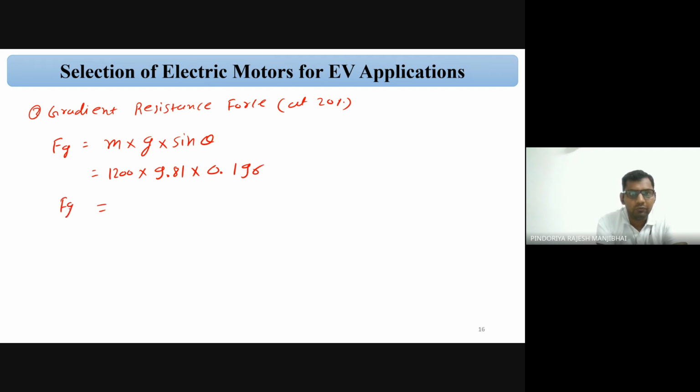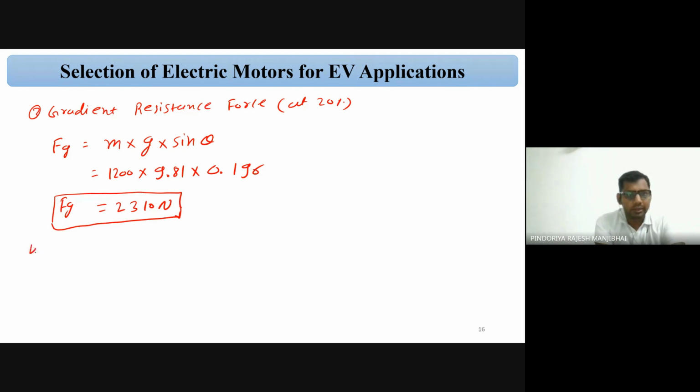So as per my calculation, Fg is equal to 2310 Newtons, correct?